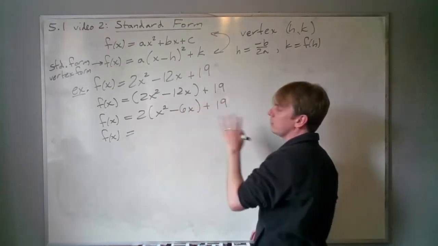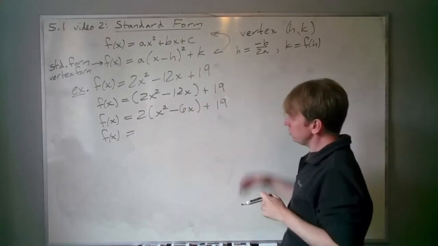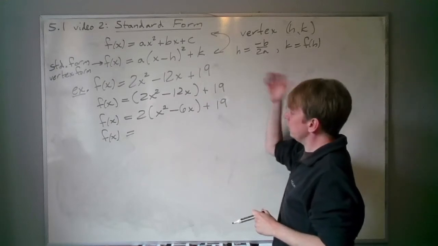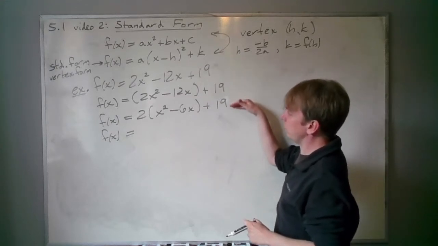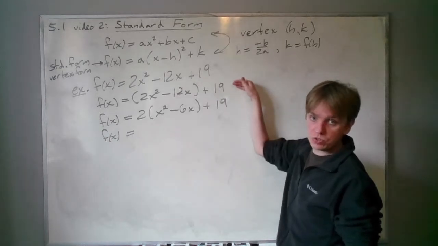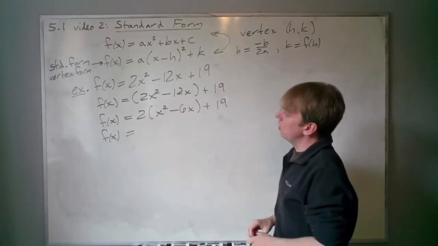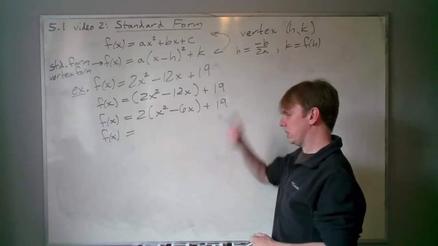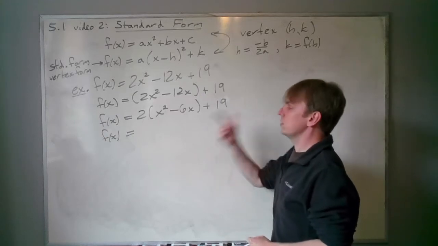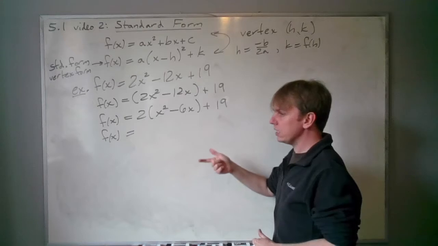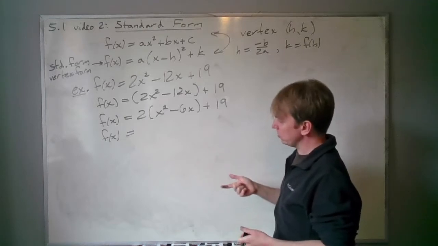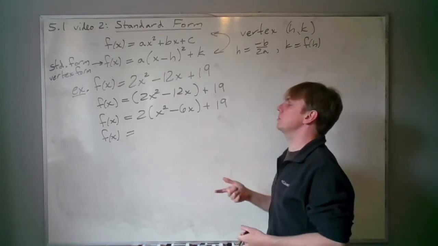And my 19 I'm not changing. Okay, so at every point, make sure we look back at our previous steps. Is this equivalent to the previous step? Yes, it is. You would distribute a 2, and you get exactly this expression. Okay, so get the x's by themselves, and factor out or get rid of any lead coefficient. Those are the two setup steps.